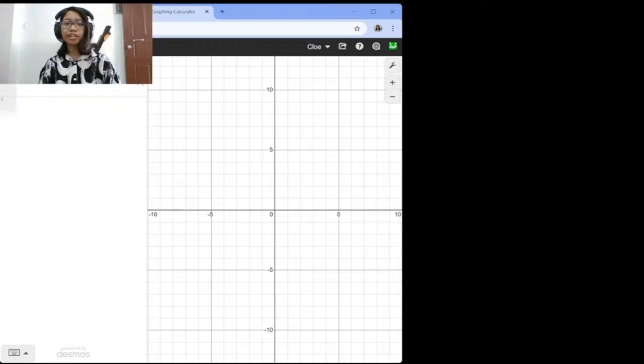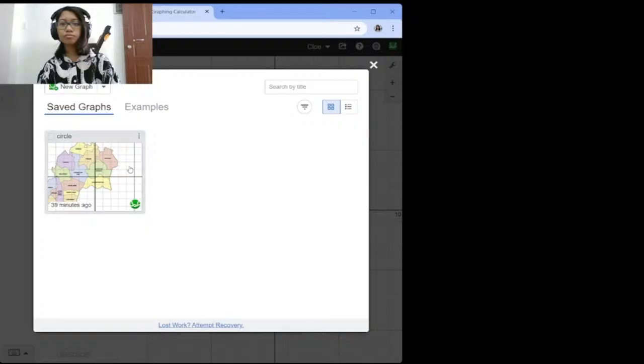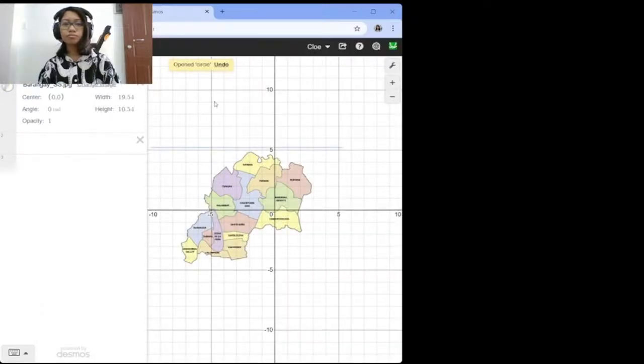In the previous slide, we uploaded the map of Marikina in Desmos, and we will now use the map we saved earlier. Looking at our given data, let's first make a rough estimate for the height, or the y-coordinate.